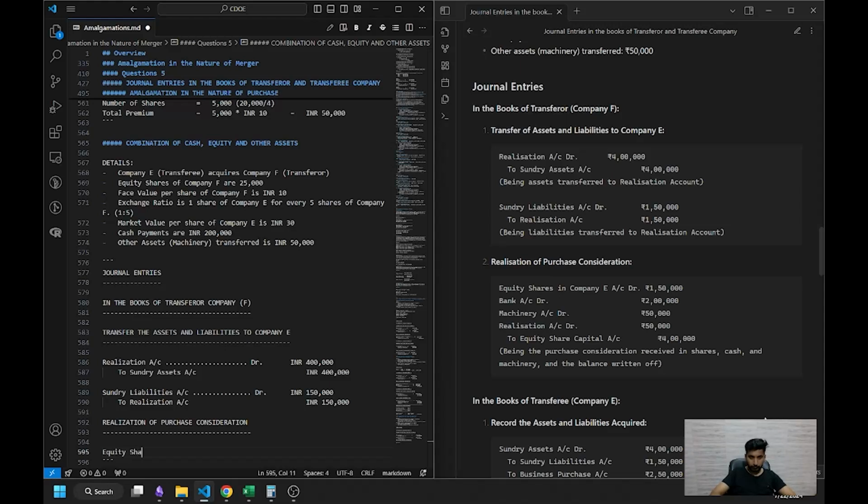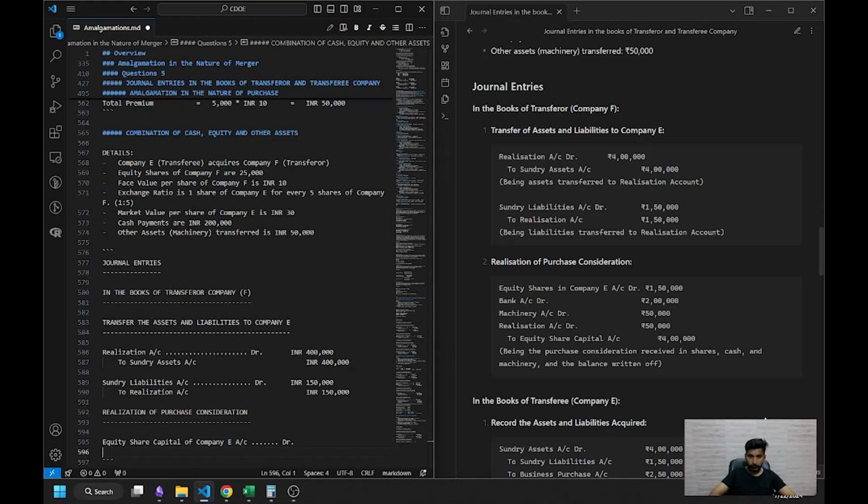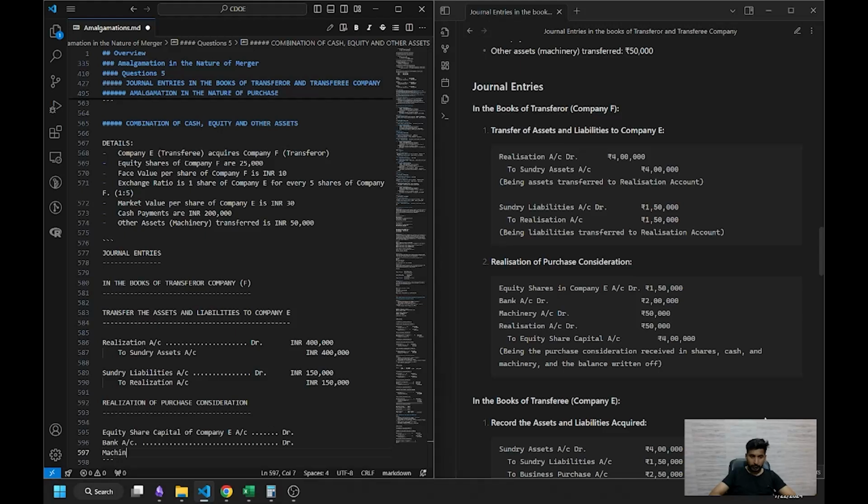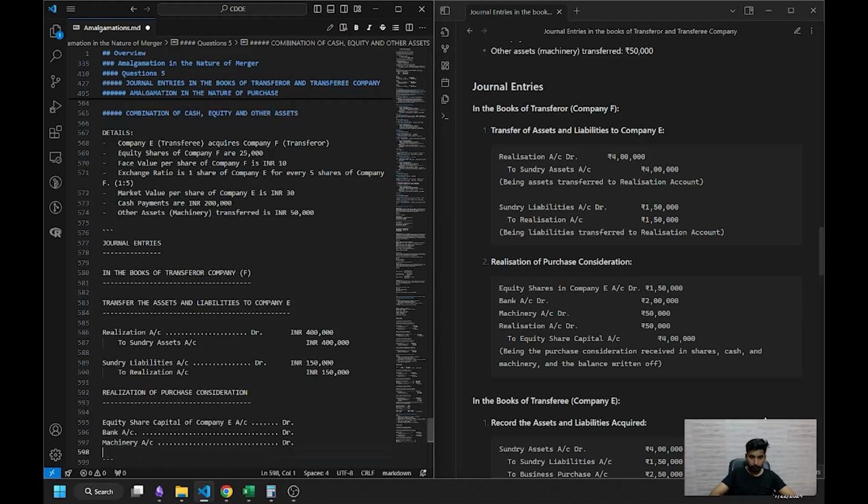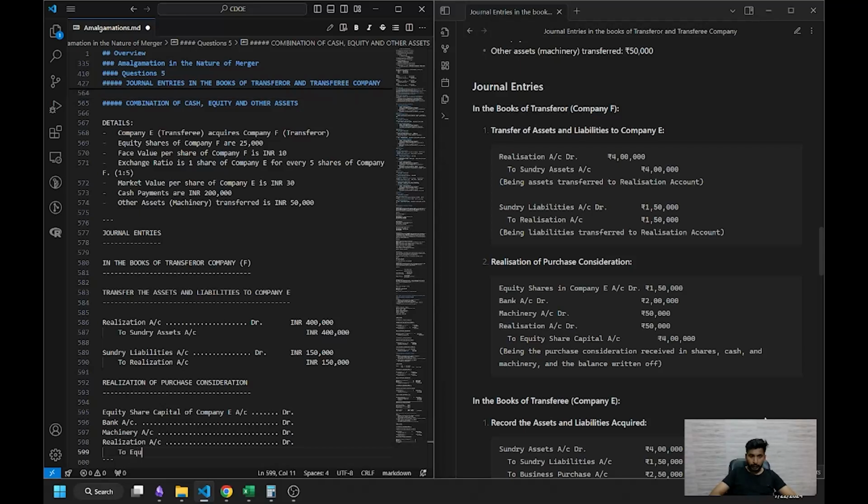Equity share capital of company E account debit, bank account debit, machinery account debit, realization account debit, to equity share capital account.